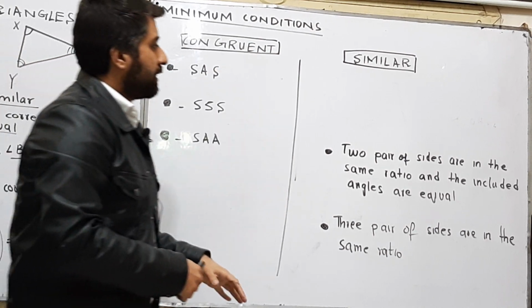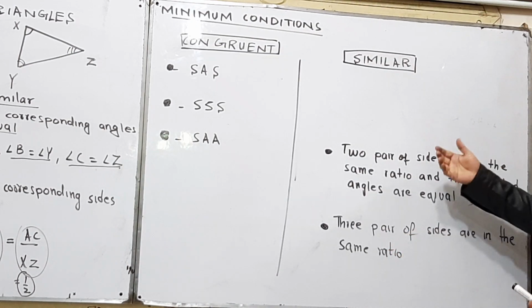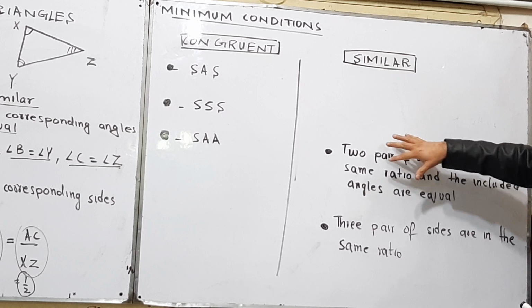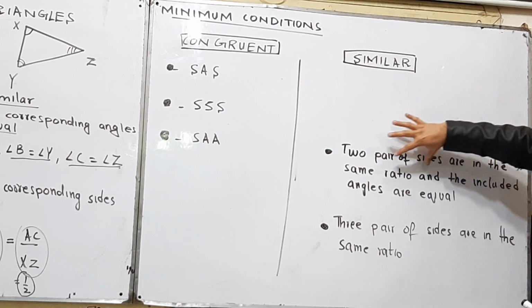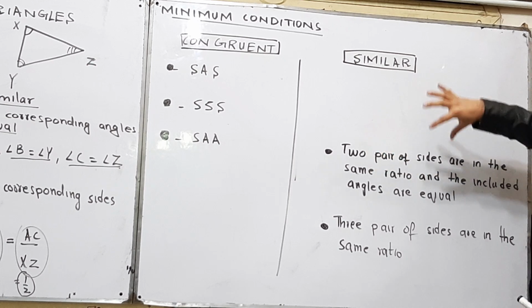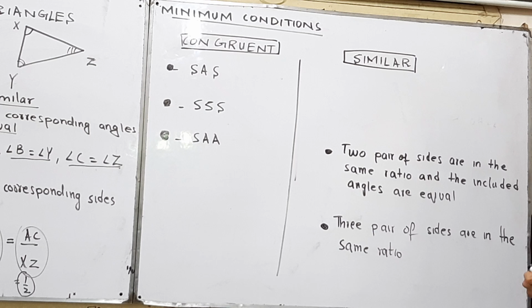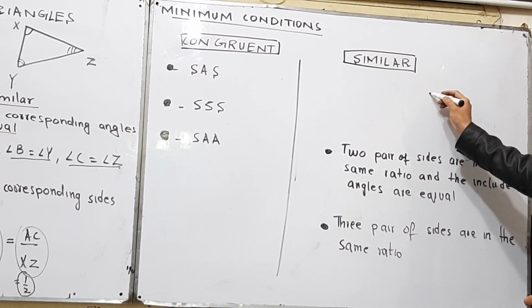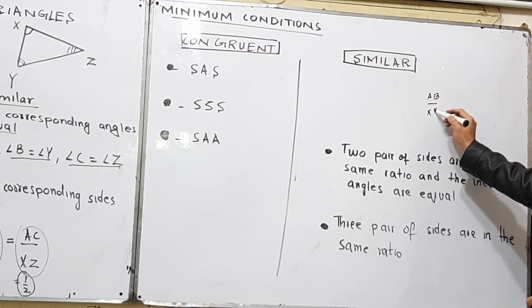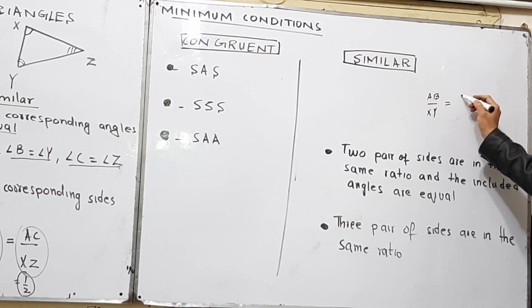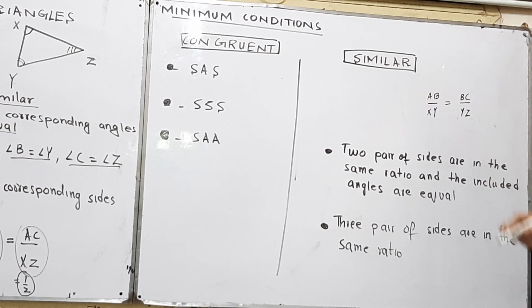And for similarity, if the triangles are similar, then what are the minimum conditions? One of them is that two pairs of sides are in the same ratio and the included angles are equal, which means if you divide AB over XY, this ratio should be equal to BC over YZ.